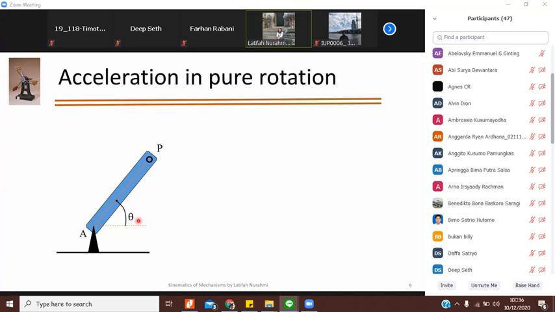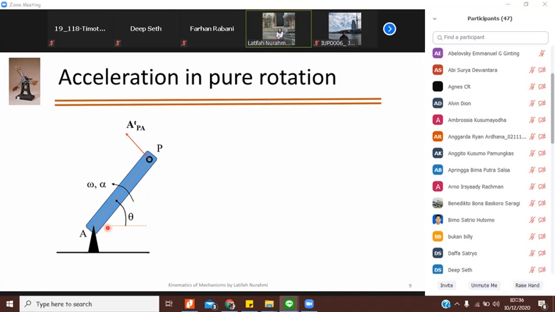Always remember that when you draw the angle, always draw it from the positive x-axis. In this case, the x-axis is in this horizontal direction. Then it rotates with some alpha acceleration and also with some omega velocity.